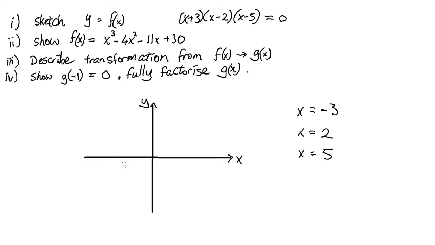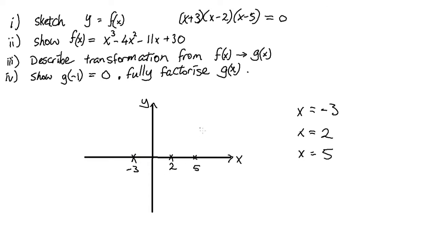Therefore you can mark on the spot: this is minus 3, this is plus 2, and this is plus 5. This is just a sketch, so you do not need to fuss about where the crosses actually are.